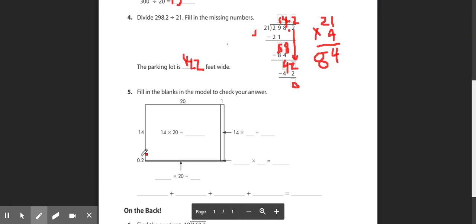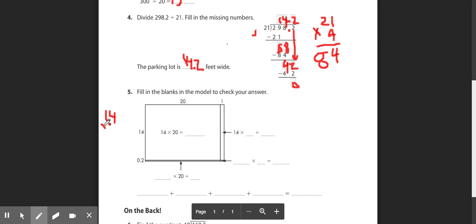All right, so we have our numbers that we were using. 14 and 2/10, right? So they broke it up into 14 and 2/10. And then we have 21, so 20 and 1, right? 2 tens, 1 one, right? Okay, so let's multiply all these different factors and see if we get our same area that we started with. So we have 14 times 20. What is 14 times 20? I'm going to do some side multiplication.